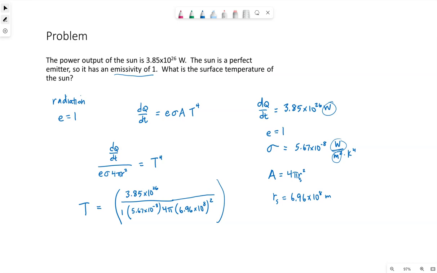So when we take this to the 1/4 power, we'll end up with our answer in Kelvin. So 3.85 exponent 26 divided by all that stuff on the bottom. 4 times pi.